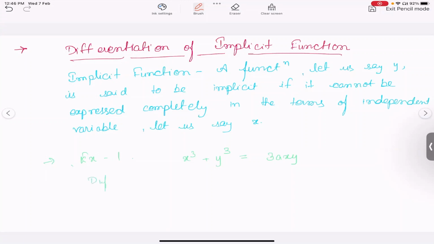So let's proceed. Differentiating both the sides with respect to x. d by dx of x cube plus y cube will be equal to d by dx of 3axy.